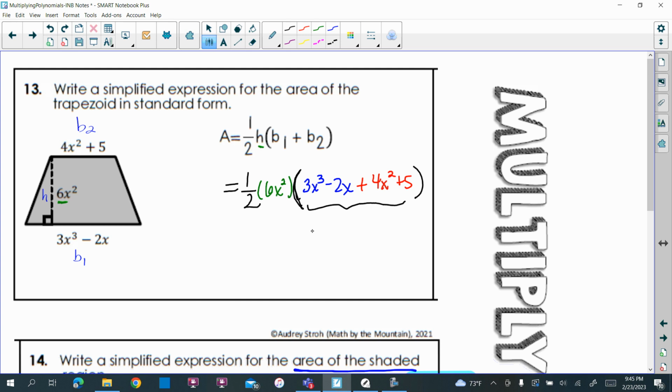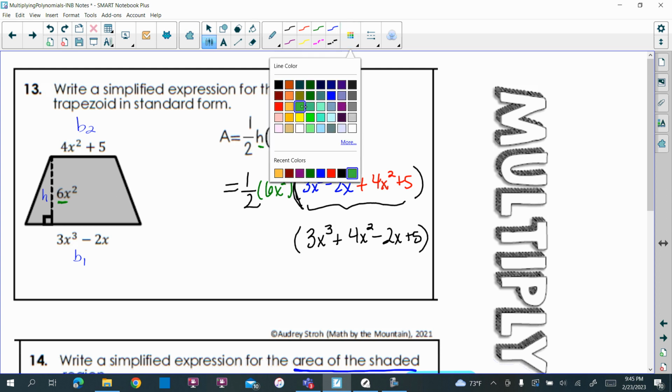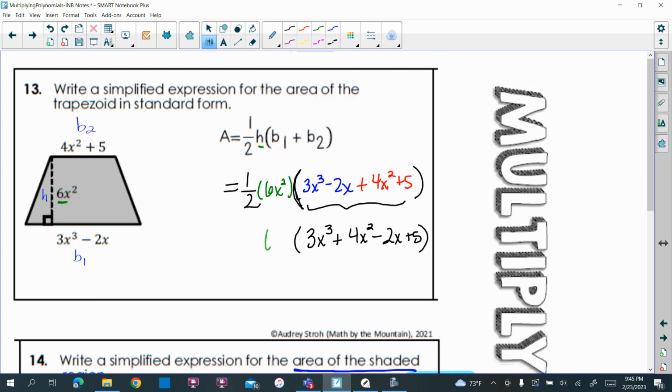So this stays inside the parentheses as 3x cubed. But then I'm going to put now 4x squared minus 2x plus 5. And everything that we had prior outside stays. So we had a 6x cubed, and then we also had the 1/2.